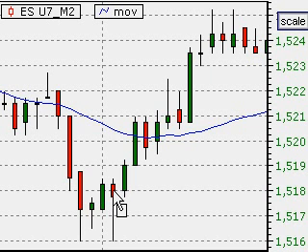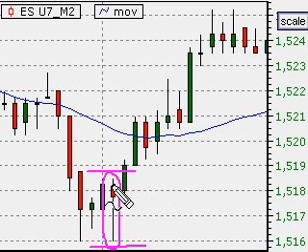So in this situation I would be measuring the range of this bar here. Okay, we'll circle it, and I would enter just one tick above the high. A tick in this case is the minimum movement of the S&P, which is 1/4 of a point, and my stop would go one tick below the low.